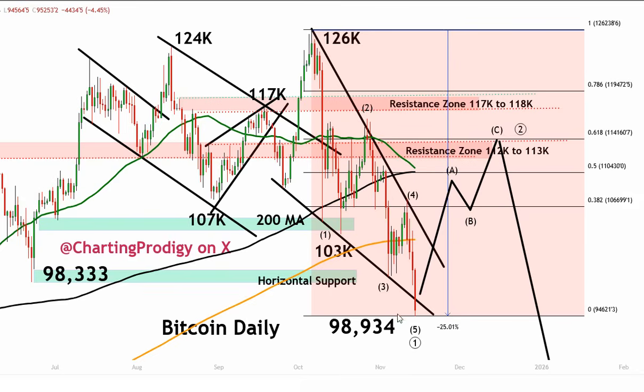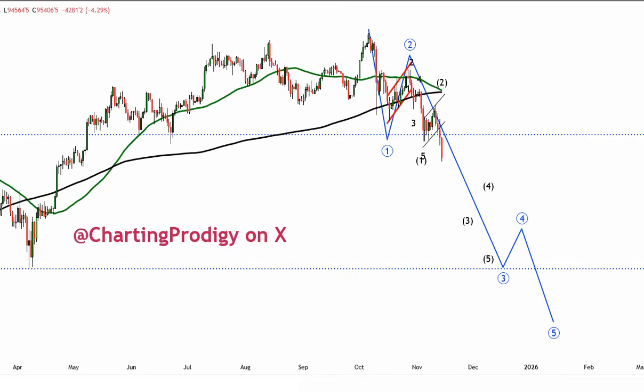If this pattern sets up, we have primary wave 1, we'll get primary wave 2. The other scenario, we're in crash wave 3, primary wave 3 right now. Mark this as primary wave 1, primary wave 2 back up to 116,000, and then now we've dropped back below the 50, the 200.